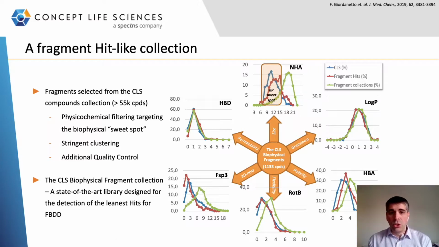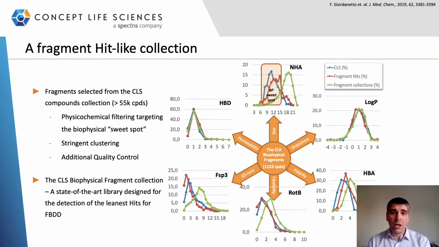The library which we designed contains about 1,100 compounds, and we compared the physicochemical properties of our library in blue to that of typical commercial fragment collections in green and fragment hits in red.